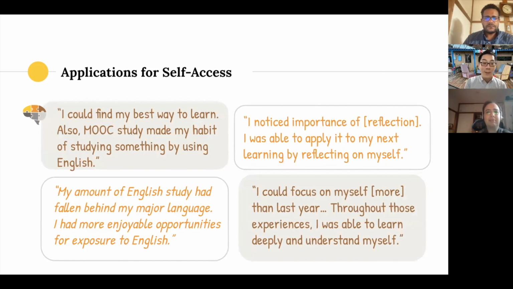The one I like in the bottom left also, like the non-English language majors, we often see that their English study starts to fall behind their major language. So this was an opportunity for them to enjoy learning something using English. And then finally, as we've been talking about, focusing on themselves and learning more about themselves and understanding themselves. And I think that's what we want to see in self-access.